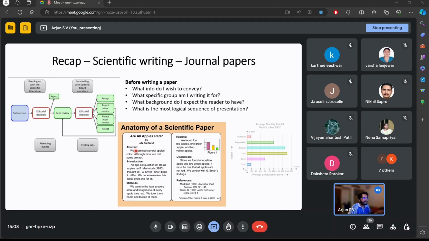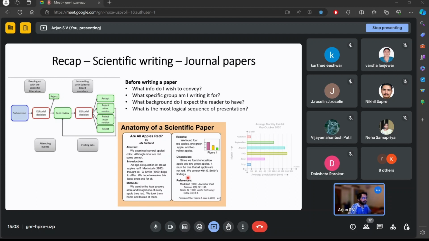And after that, you will have the body of the paper, which involves the introduction, the method section, and the results section. And after that, we have the acknowledgements and references section, where you cite other articles from which you have got relevant information for your study.